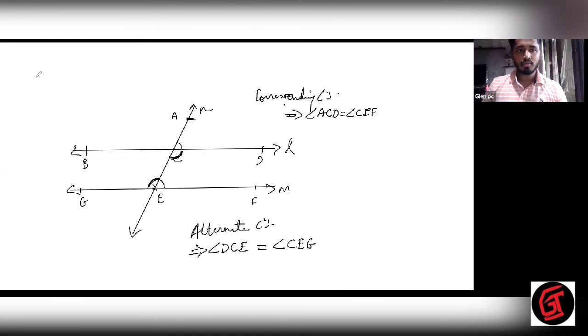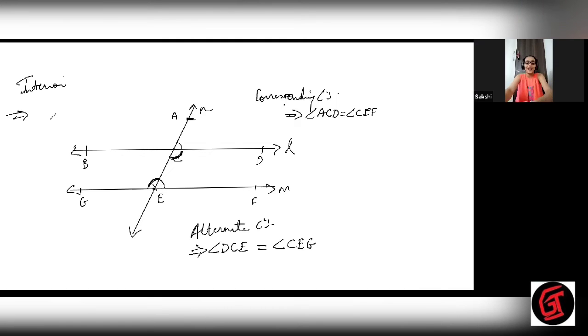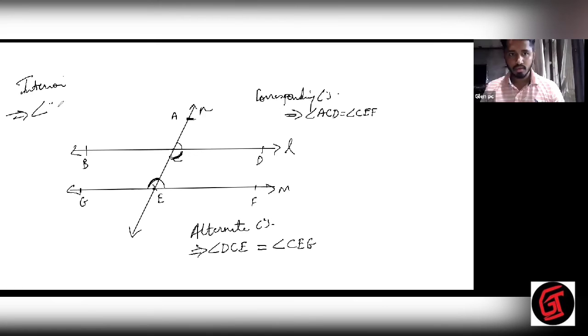Sakshi, come on. Now I want you to tell me interior angles. Angle CEF. Okay, and angle... Inside. Angles which are inside. CEF is inside. Correct. With that, one more angle is inside. Which angle is inside? Leaving this.